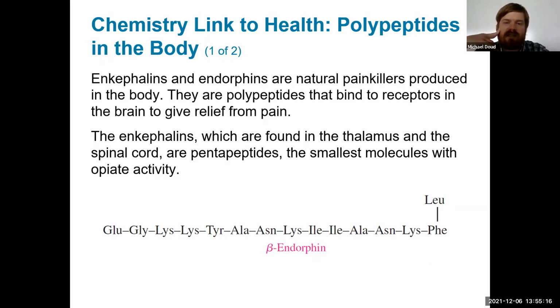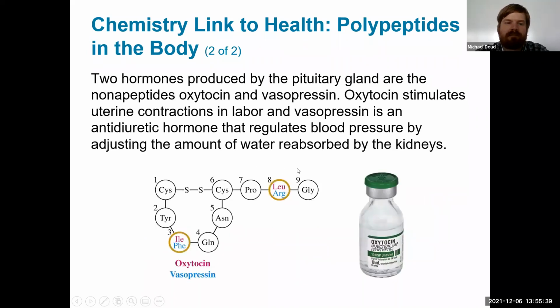So enkephalins are pentapeptides, and these are very small molecules. Because they have this pain numbing response, they are the smallest molecules that contain this opiate activity. Here, for example, is beta endorphin, which is 1, 2, 3, 4, 5, 6, 7, 8, 10, 11, 12, 13, 14, 15 amino acids long.